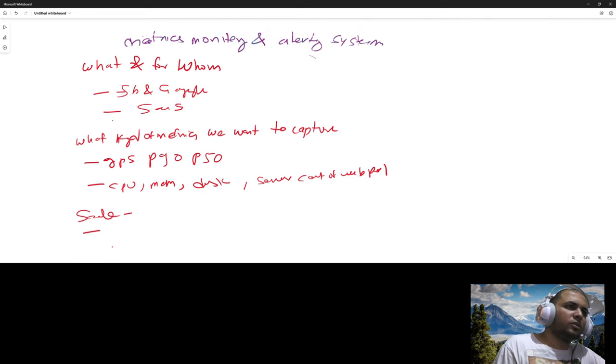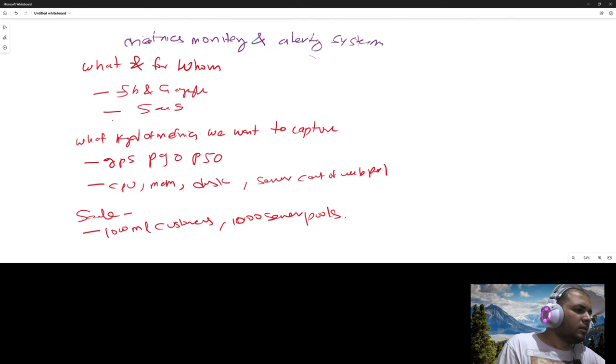In this case we want to target 100 million customers, 1000 server pools, and 100 machines per server pool.